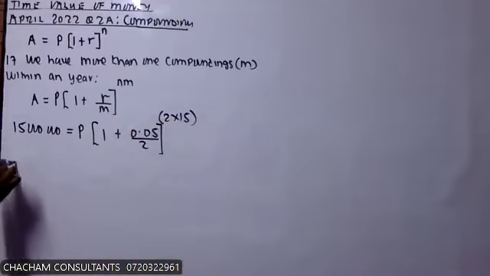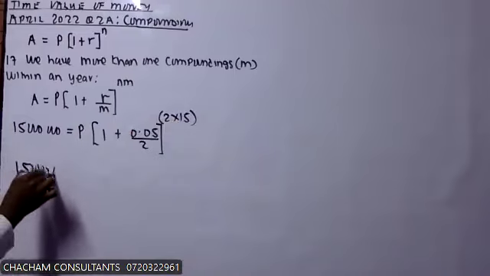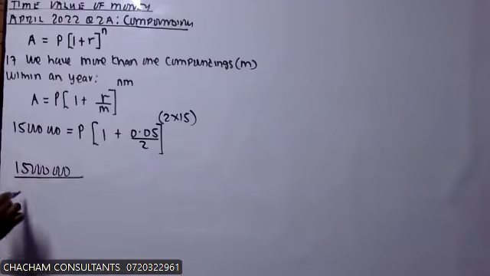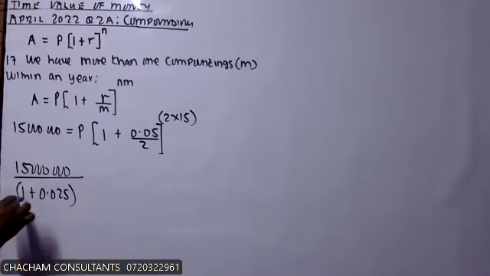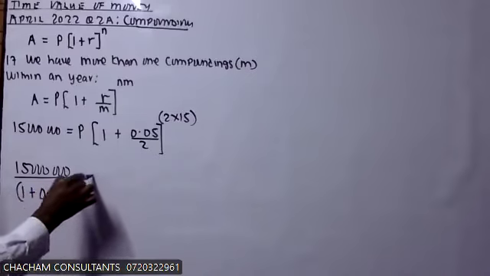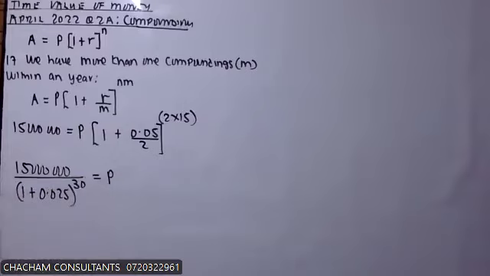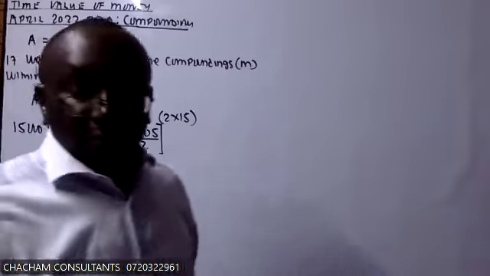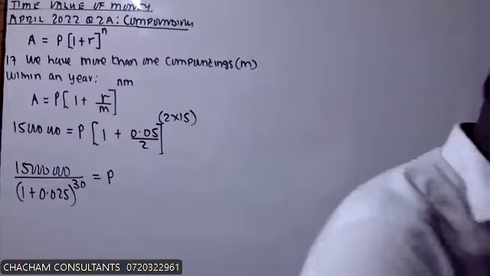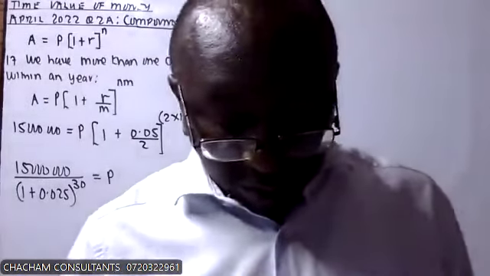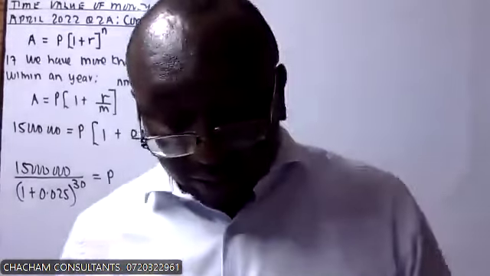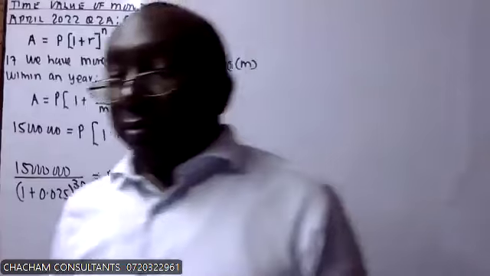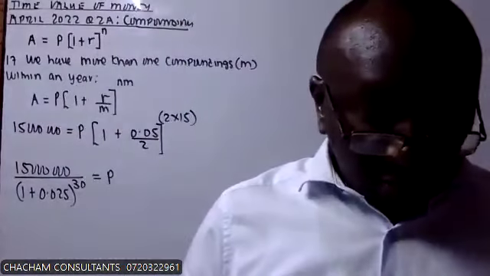So if you want to know the principal, then it will be the amount divided by 1 plus 0.025 raised power 30, should be equal to the principal. So work that out.